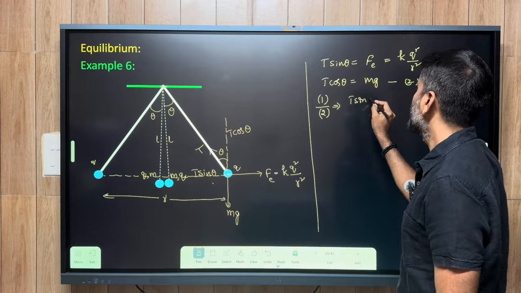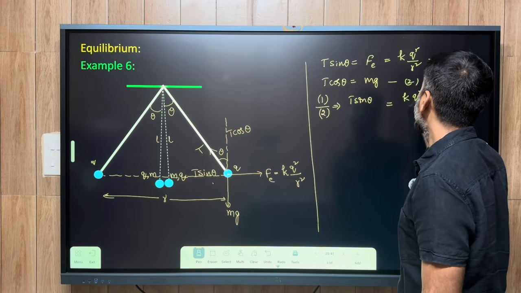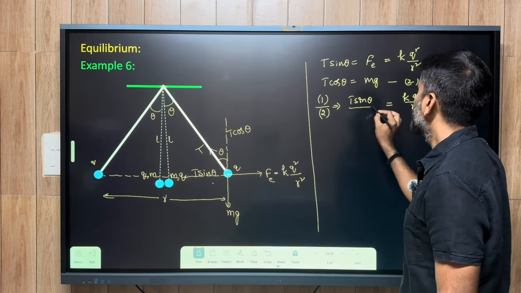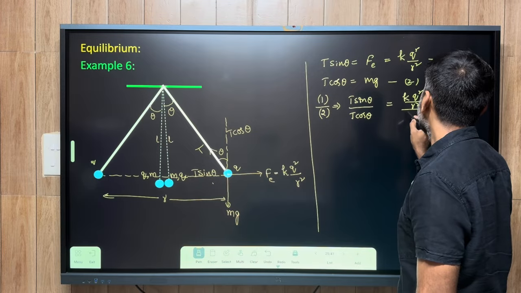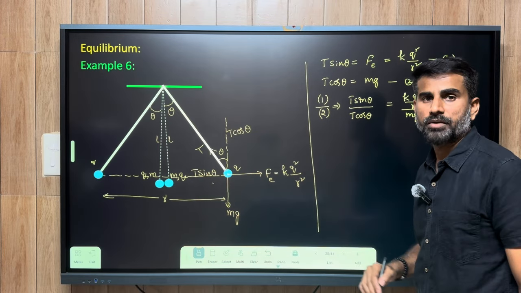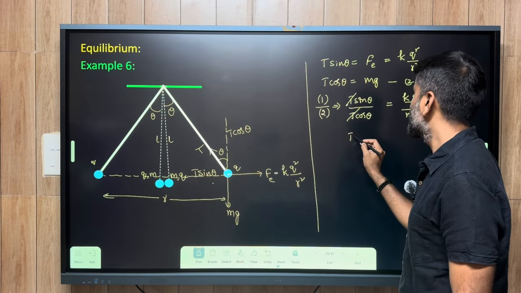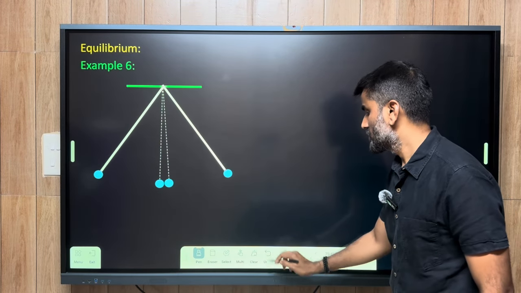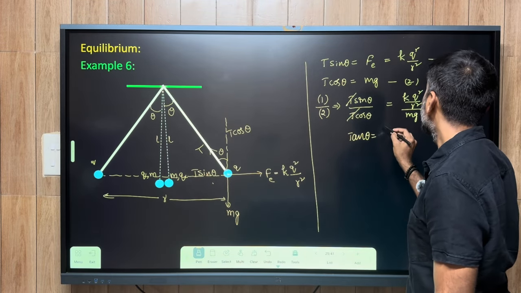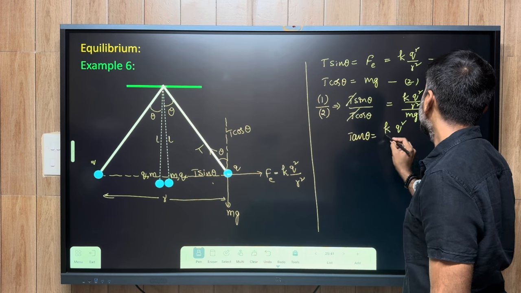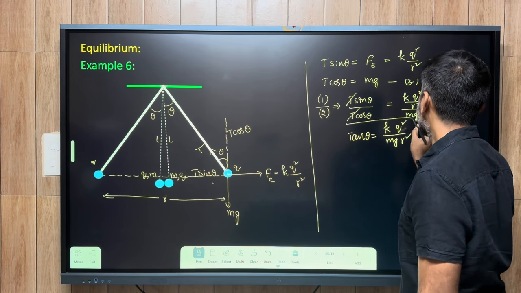Equation 1 is T sin theta is equal to K Q square upon R square, divided by equation 2, T cos theta is equal to mg. This T and T will get cancelled. What we get is tan theta is equal to K Q square by mg R square.